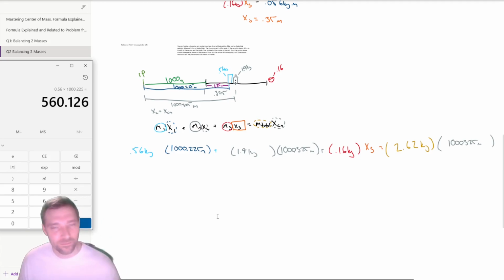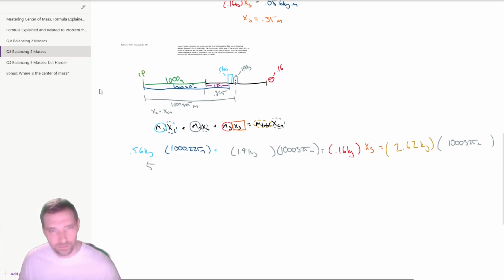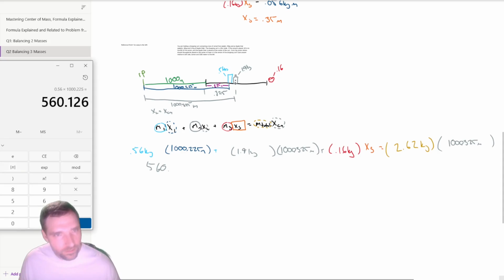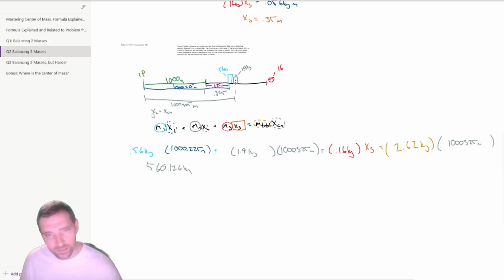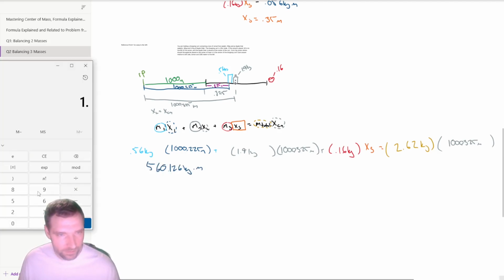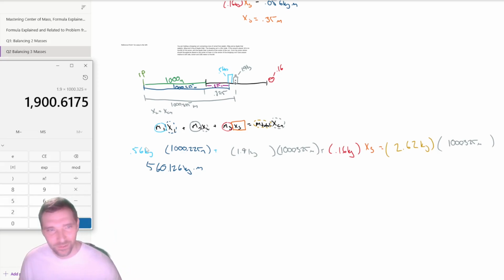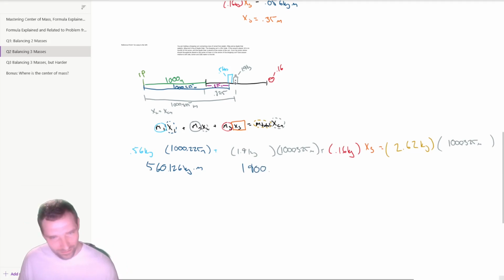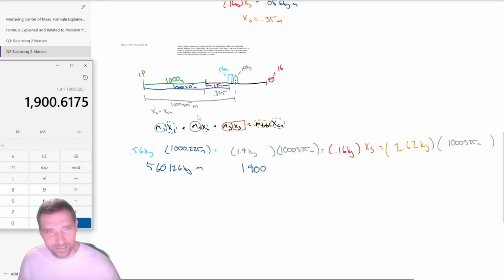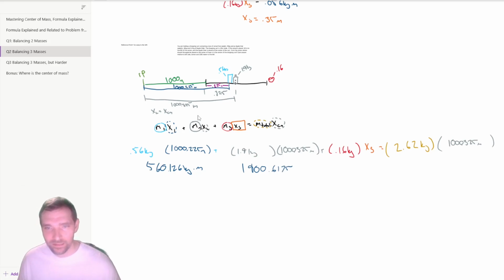Okay, so do that. 560.126 kilogram meters. Our first number, gotta keep that in blue. Then 1.9 kilograms times that 1,000.325 meters, and we'll keep that in gray.